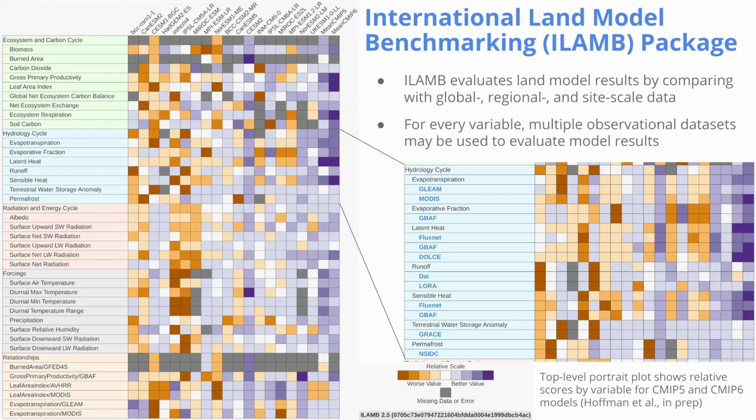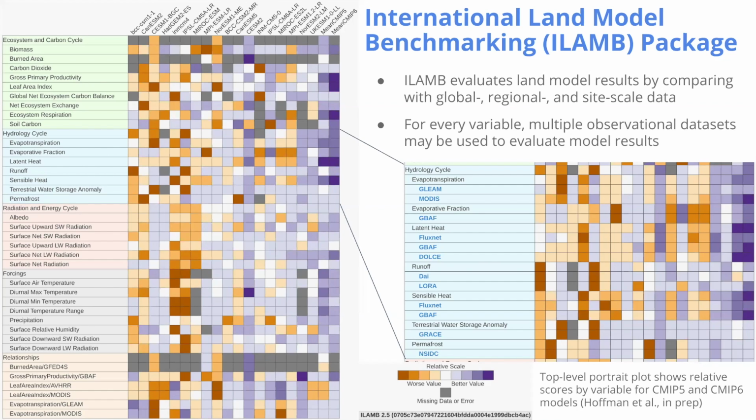We run this big suite of analyses across all of these models, and then we can look at their relative performance. An interesting thing coming out of this effort right now is that you'll see the more brown colors on the left and more blue colors on the right, because the left-hand models are older generation models from the CMIP-5 activity, and the models on the right are newer models from the CMIP-6 activity.